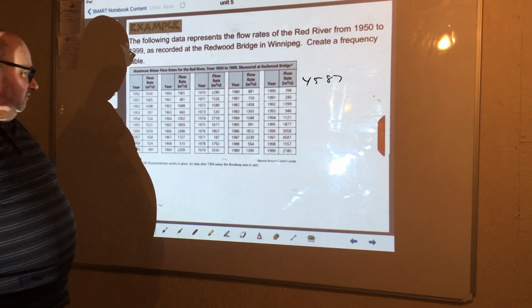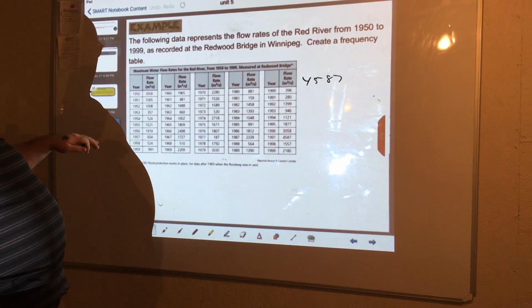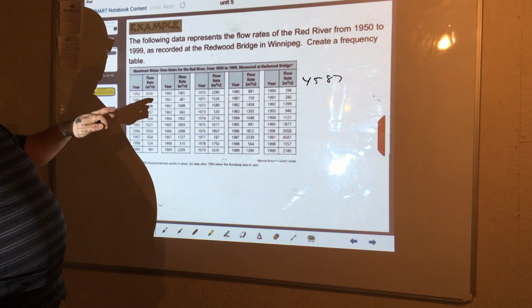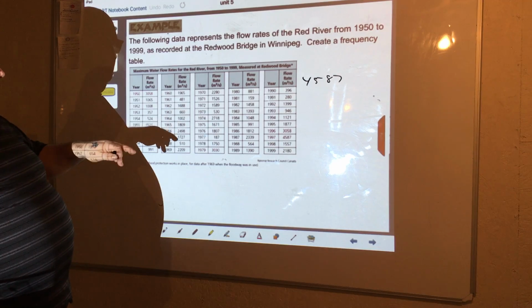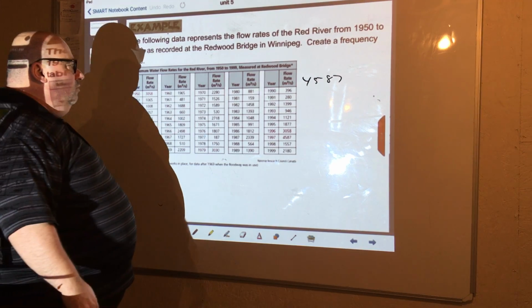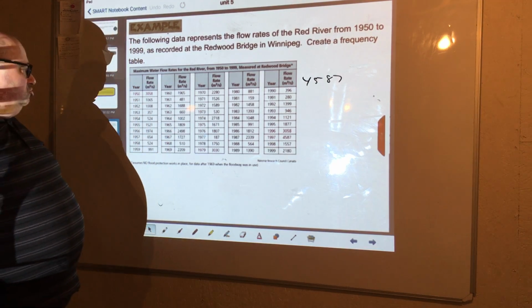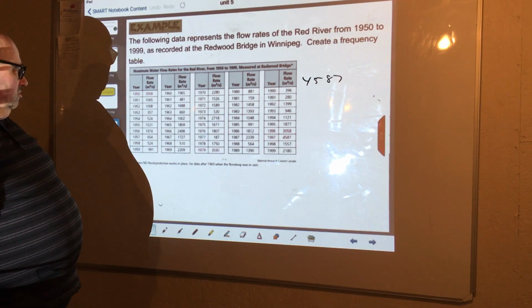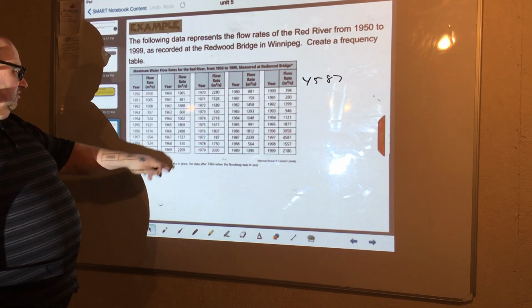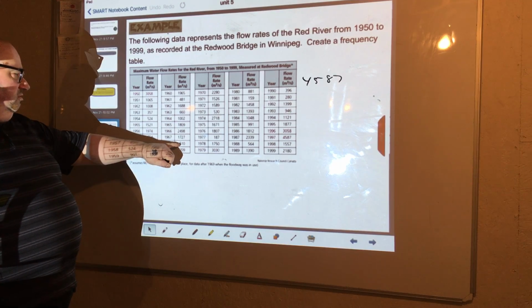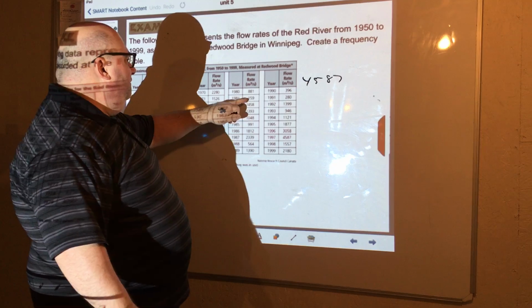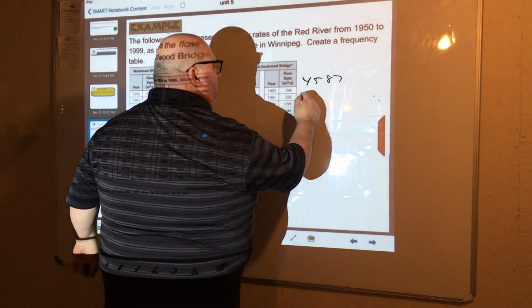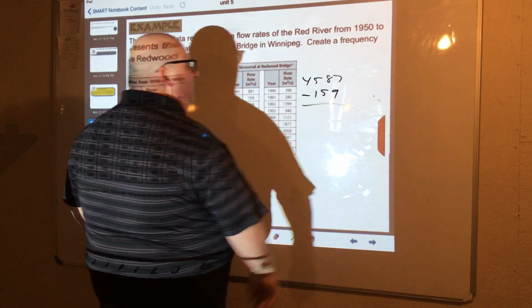And the smallest number on our graph, I think, is 159 in 1981. So 4,587 minus 159.